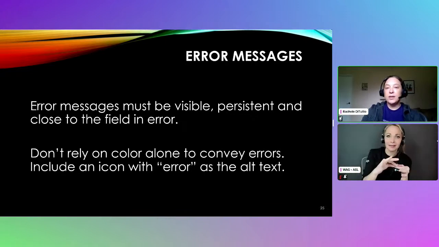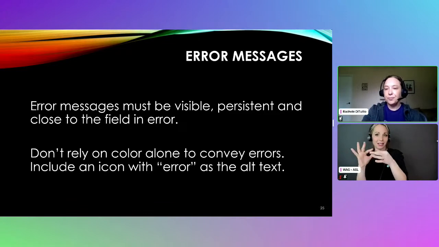We can certainly do things like put a red border around form fields that are in error, but we also want to include an icon with the alt text of error in context of our error message, so it's clear that the text that's being announced is an error message. And for sighted users, the icon reinforces that it's an error message and not some other kind of message.